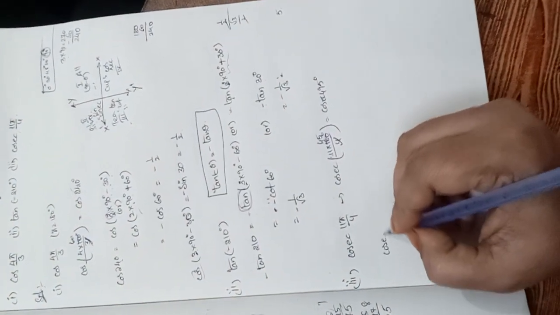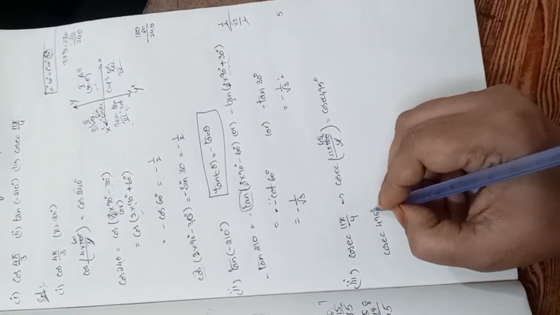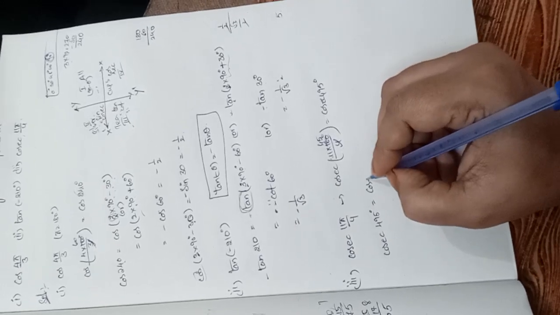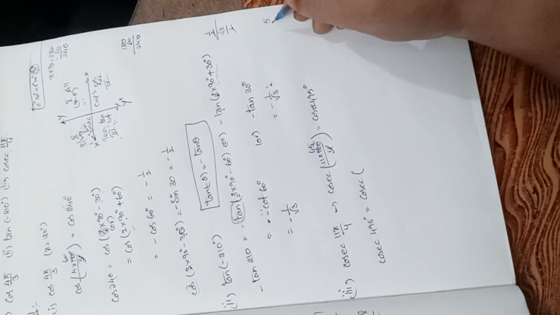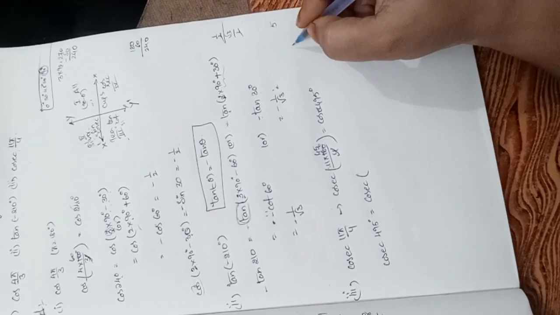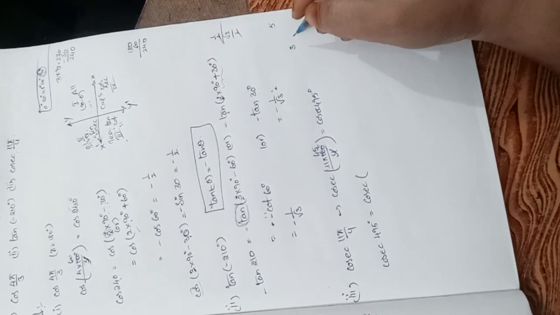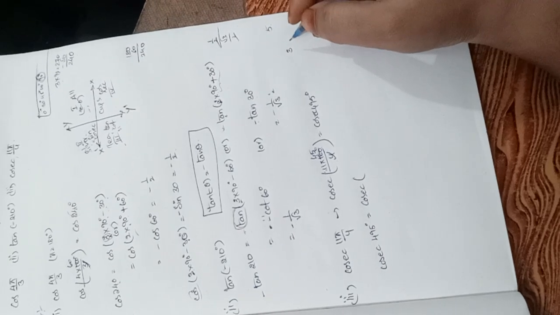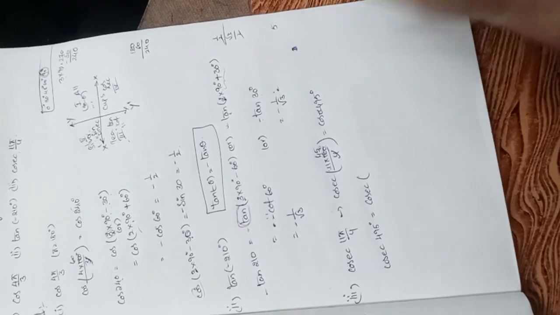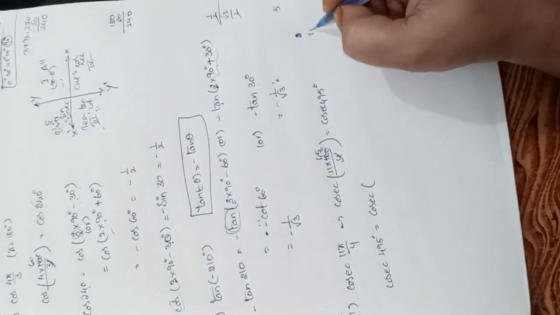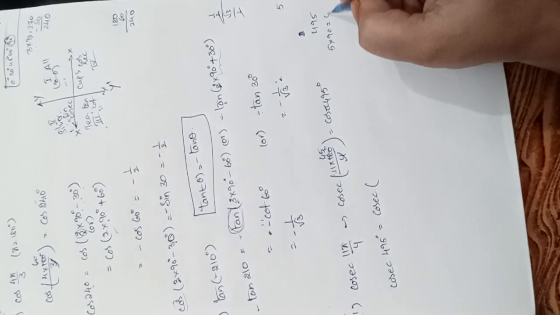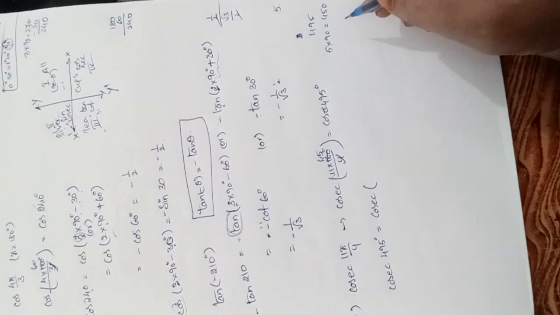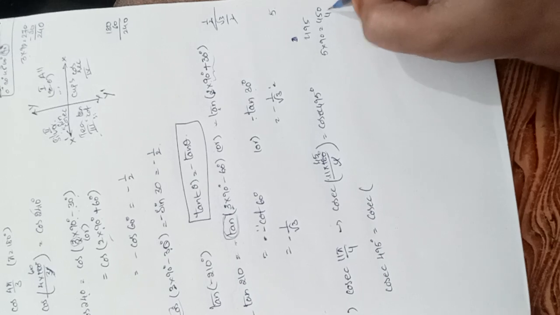Again, cosec 495 degrees can be written as how? For 495, first 5 into 90 is 450, plus 45.